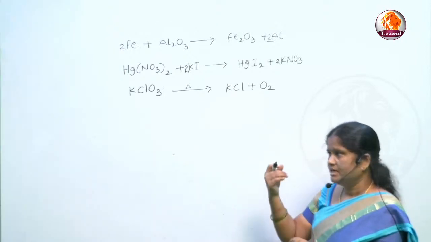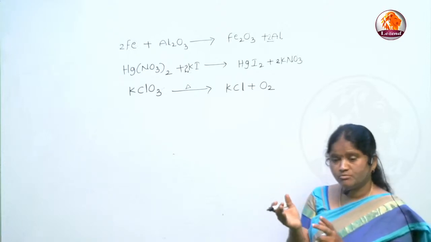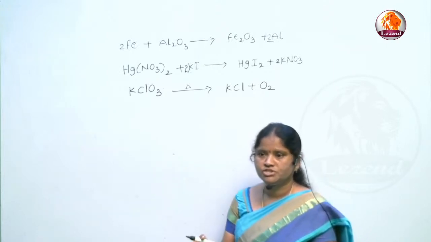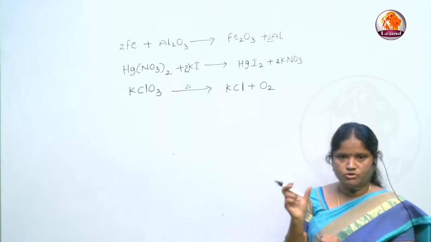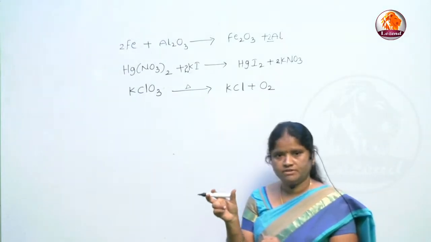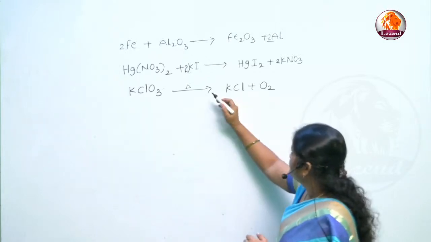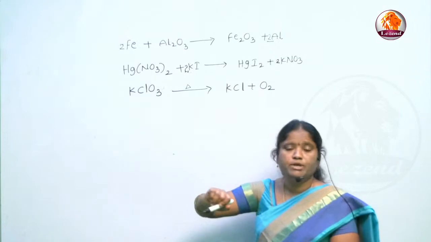So heat, light, electricity, how much temperature we are maintaining to complete the chemical decomposition, and how much pressure we have to maintain, 1 atmosphere or 2 atmospheres, everything can be shown while writing the chemical equation above the arrow or below the arrow.